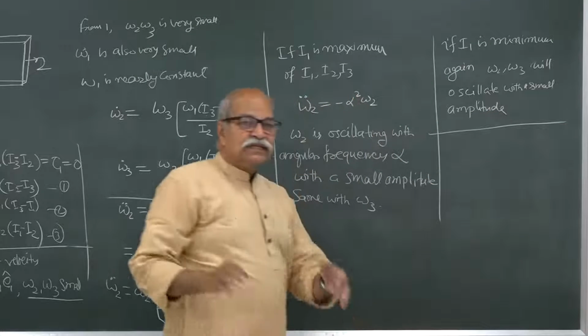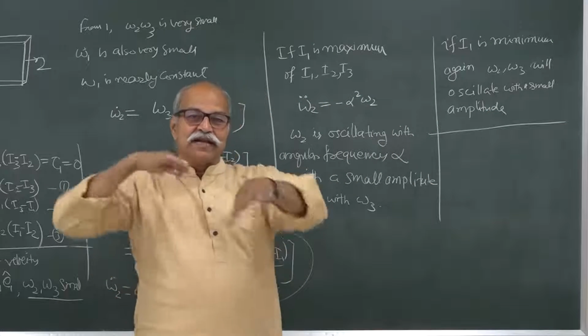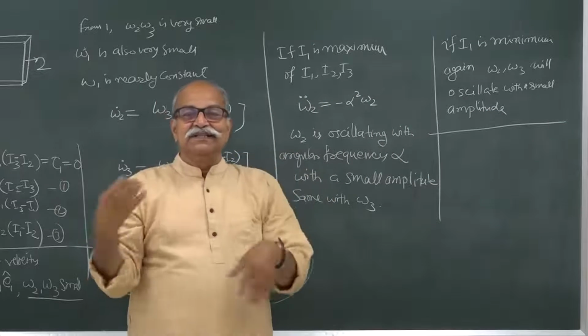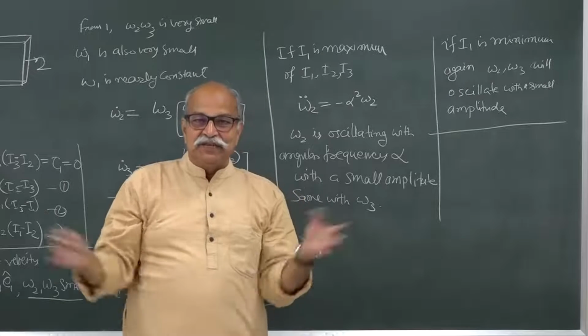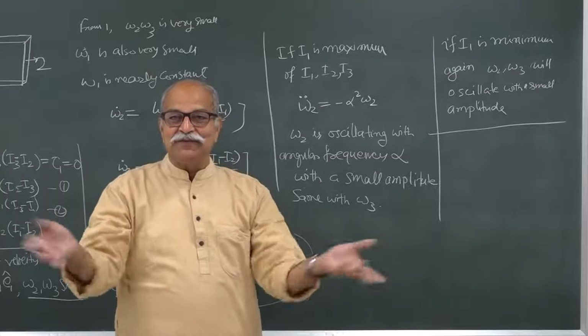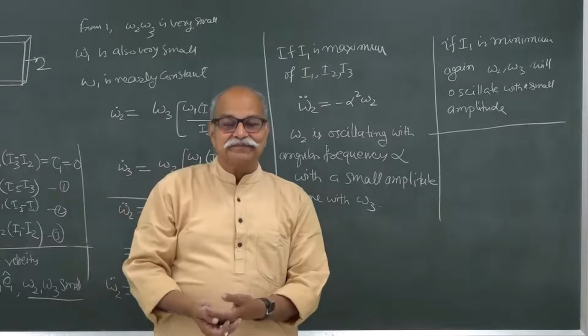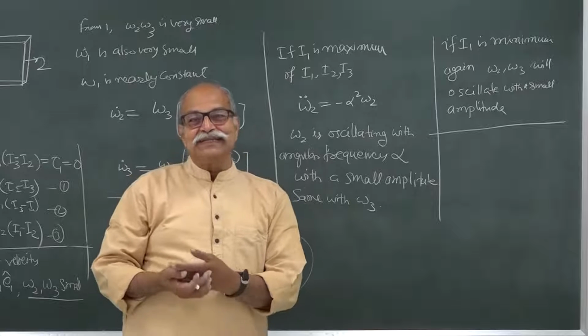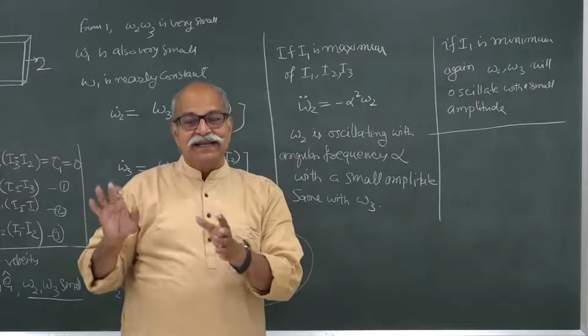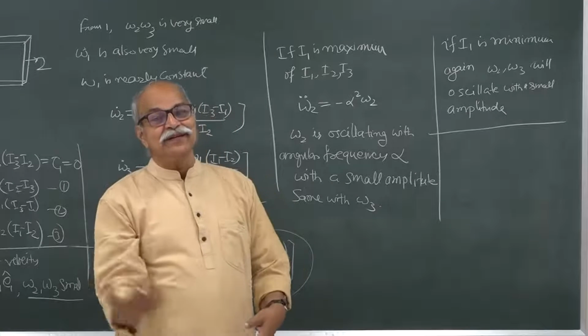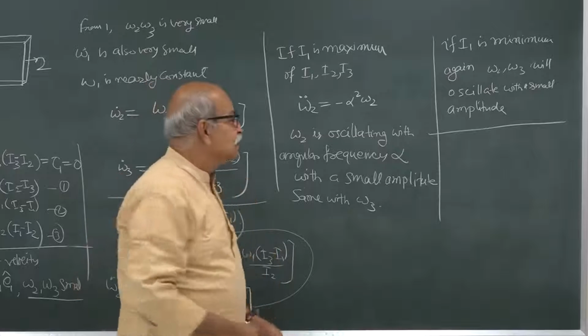That means motion is stable. Okay. I had given angular velocity about omega 1, even if it picks up some omega 2, some omega 3 little bit, that is not going to disturb the motion too much. Largely it is still rotating about that one axis.